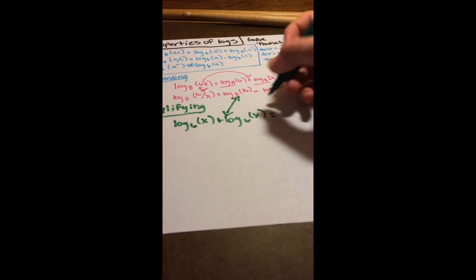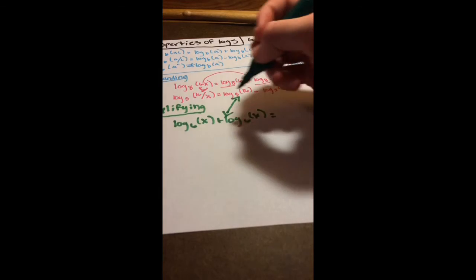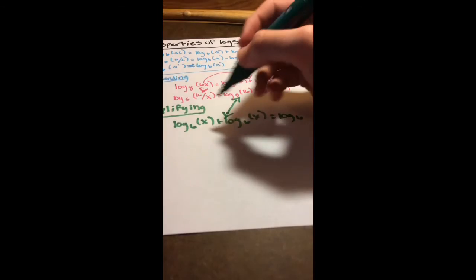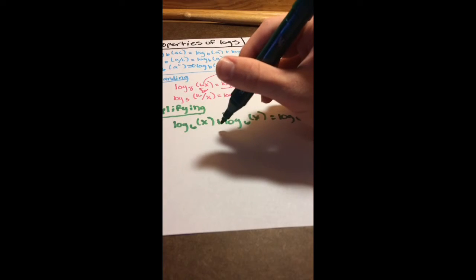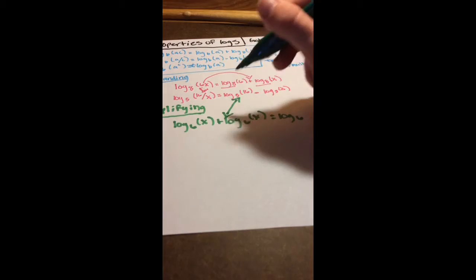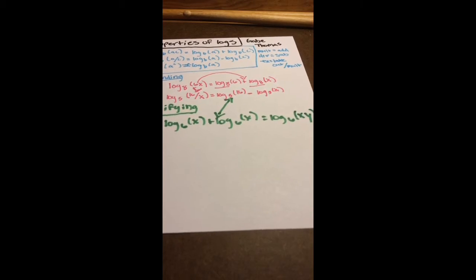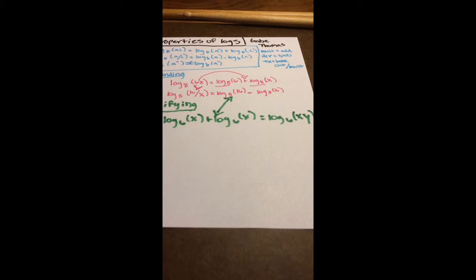So simple enough. We've got our common log base 6, and then you've got this addition, so you're just going to multiply now because you're putting it inside, so times xy.